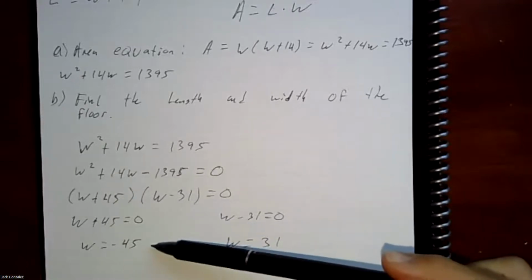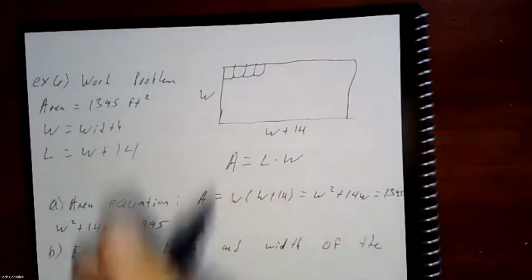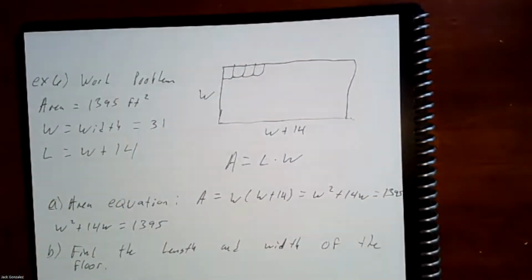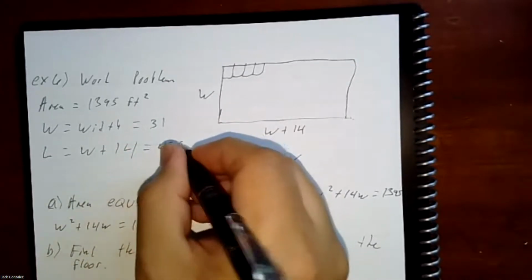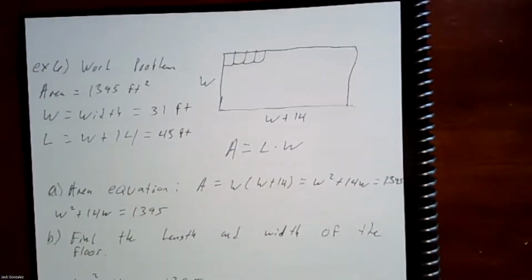But at this point, once you've solved it, you're going to choose positive because there is no negative distance, right? It doesn't make sense. So the width is 31. 14 more than the width is the length, so that would be 45 feet. Feet, one dimension, right?